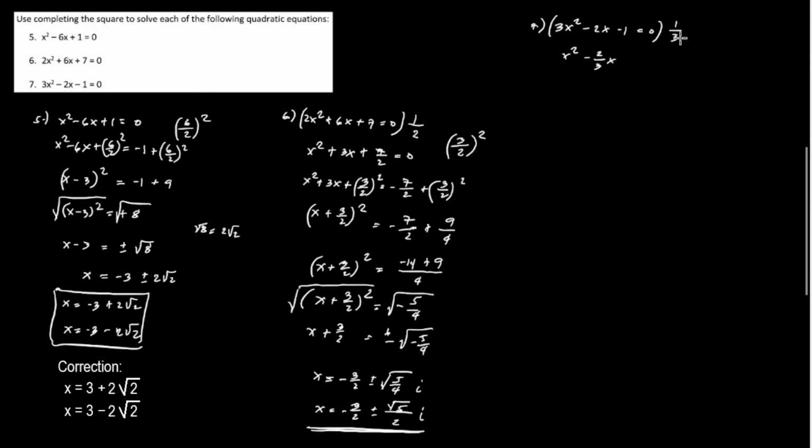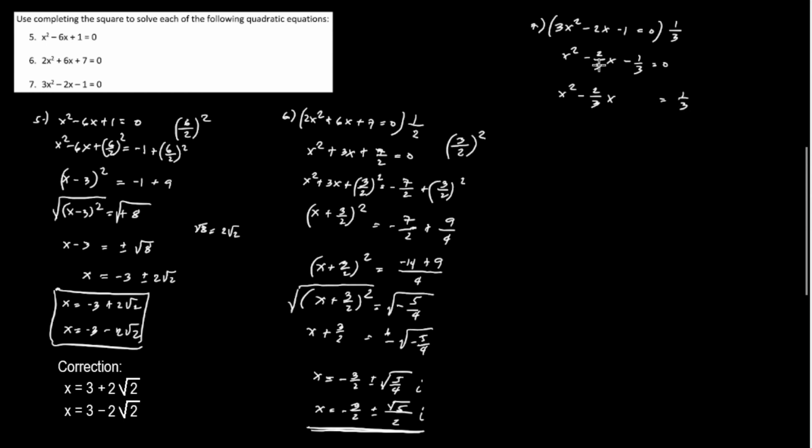And negative 1 times 1/3 is negative 1/3, and 0 times 1/3 is 0. Completing the square: x squared minus 2/3 x, and the constant, which is negative 1/3, is transposed to the right side, and that's positive 1/3.